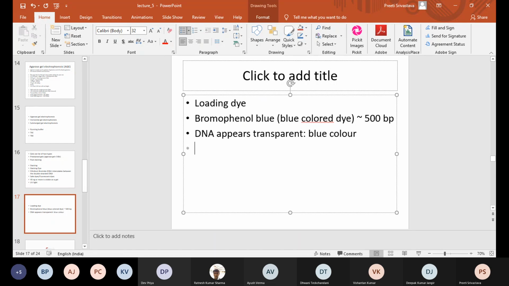What we need to add in the loading dye is, sometimes we also add glycerol. We also add TrisCl, which is the buffer that is used, and EDTA. In this case, EDTA is used because it chelates magnesium ions.